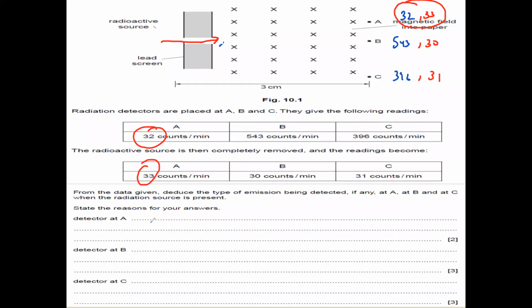So A has no radiation from the source. Why? Because the counts do not change. So actually it is from the surroundings. All the radiations are from the surroundings, the source is not providing radiation. Otherwise, when the source is there and when the source is not there, there should be a difference.